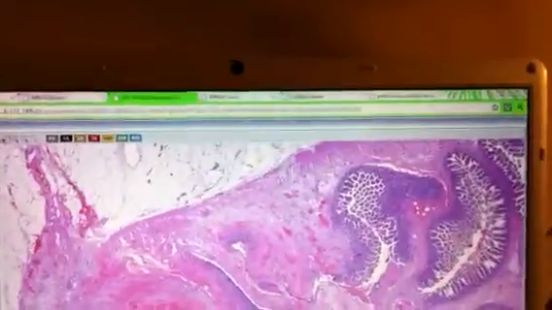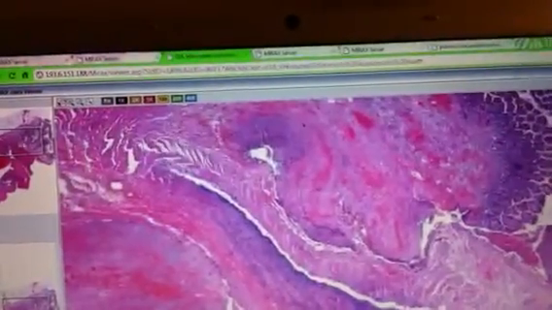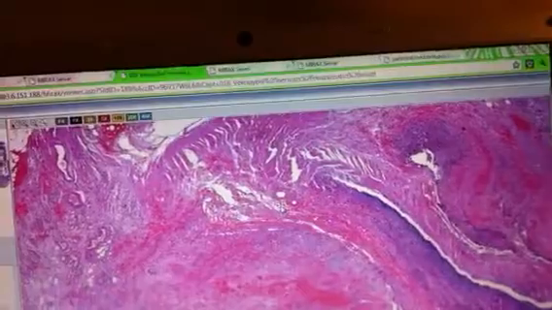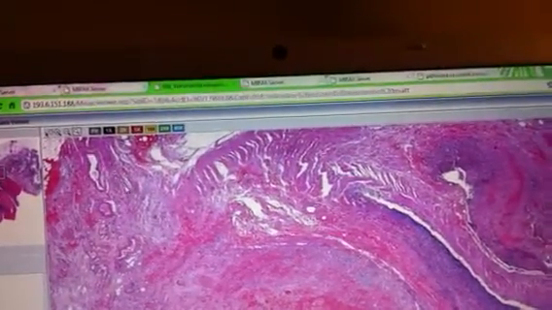Now in the book there is a picture of a dead artery too, but I don't know if I can find it. Maybe this one. Or this one actually. No, this one is alive, or whatever the hell it is.